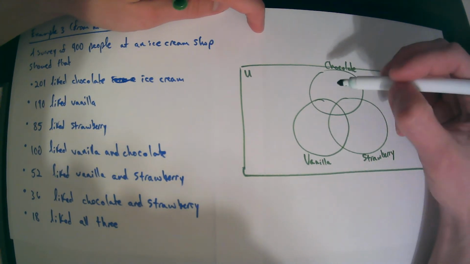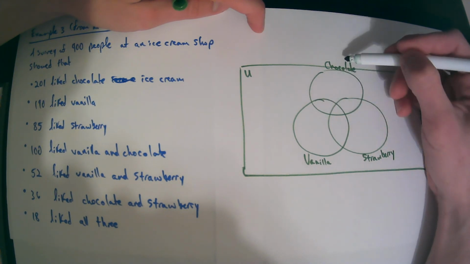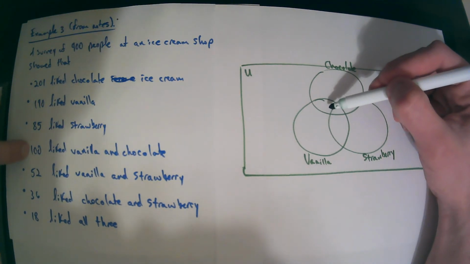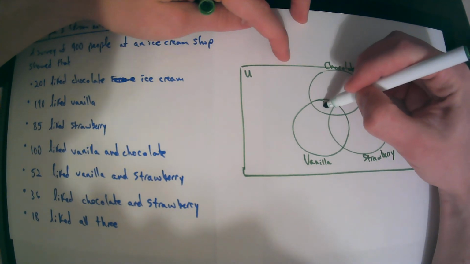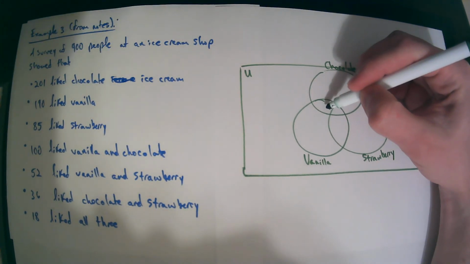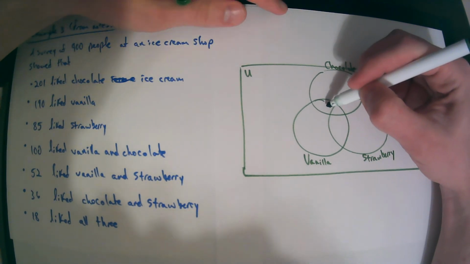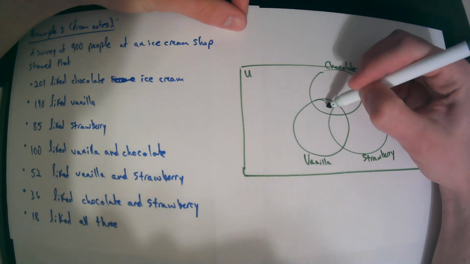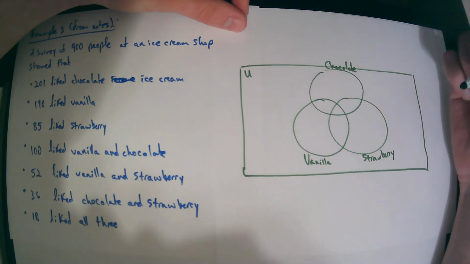And for another example, right here, the intersection of chocolate and vanilla, right? So why not write 100 right here? Because this spot in particular is not reserved for the people that like chocolate and vanilla altogether. It's reserved for the people that like chocolate and vanilla but also don't like strawberry. So you see, each of these spots is more distinct than you would think at first, right?